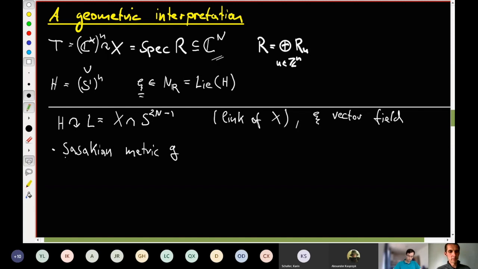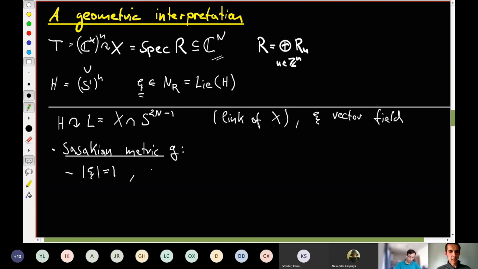This is a Riemannian metric which is somehow compatible with our setting. I'm giving some ideas what being compatible might mean here, and I'm not very precise, actually. First of all, I want my vector field psi to be a unit vector field. So with respect to this metric, I want all the vectors to have length 1.